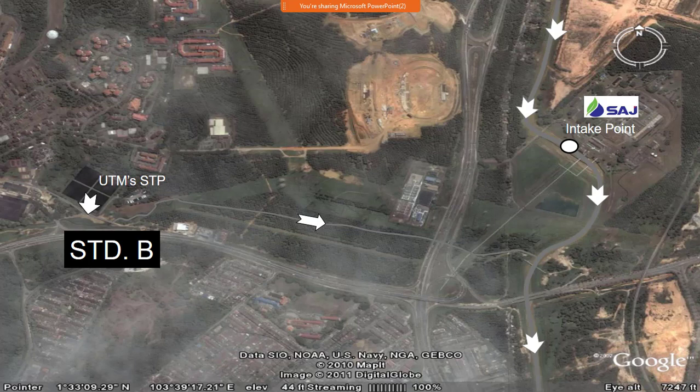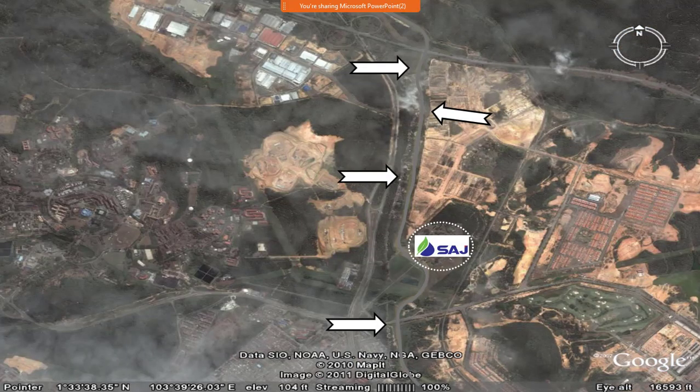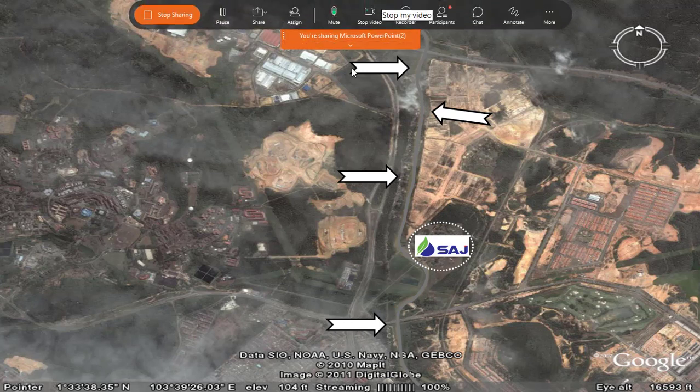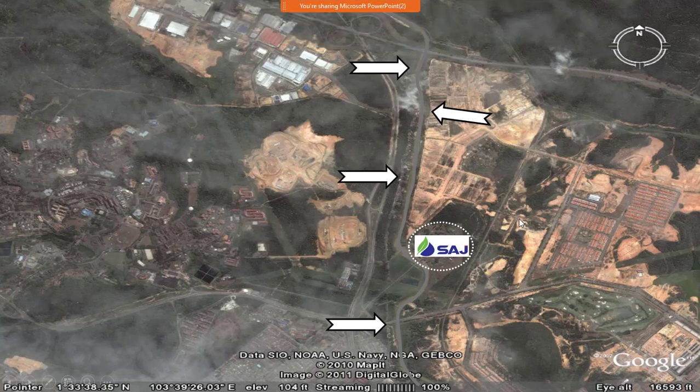All right, this is another photo of the same location. This is the river that we were talking about. Here those are discharge points from other treatment plants. This is the treatment plant of UTM discharging down here, and those are discharge points from other treatment plants.